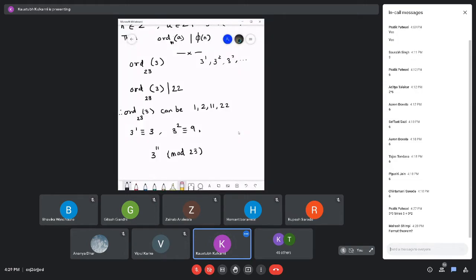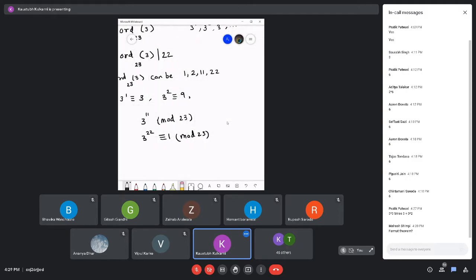I know that 3 raised to 22 is congruent to 1 mod 23 because of Fermat's theorem. Even though we don't take square root as such, I can say that 3 raised to 11 into 3 raised to 11 is congruent to 1 into 1 mod 23.